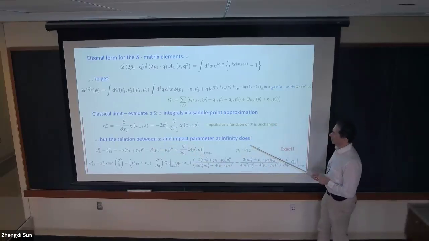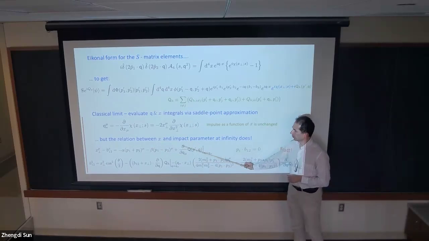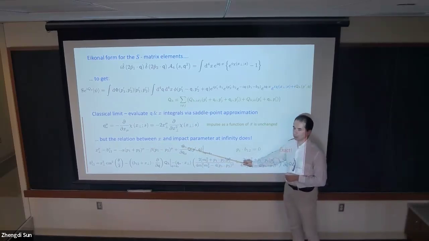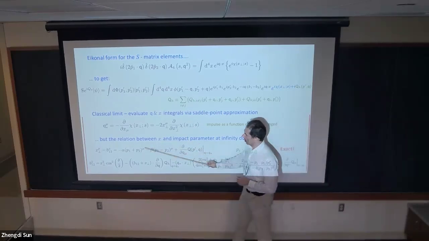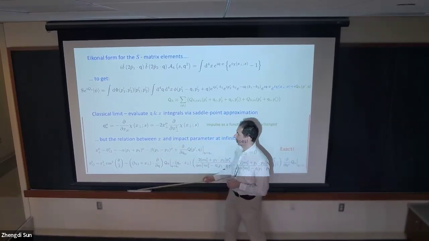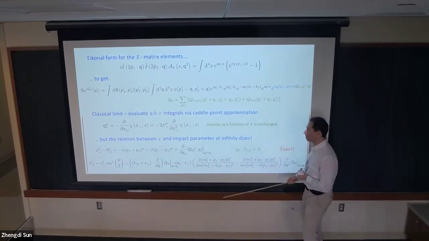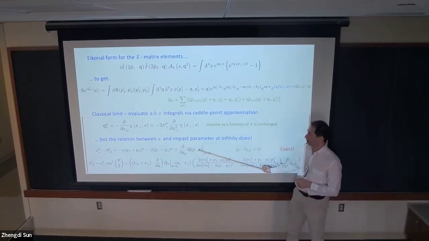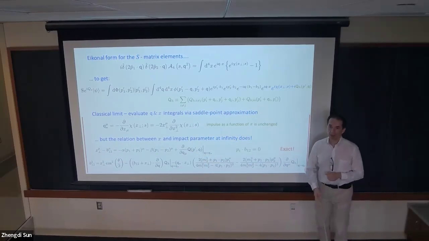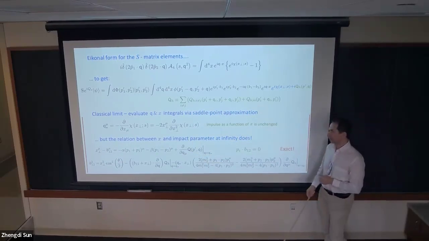Alpha and beta are defined by orthogonality. If you cross out the last term, this is something that has been known before: the usual relation between the impact parameter at infinity and the so-called eikonal impact parameter. That relation gets corrected by something that depends on this hard charge.